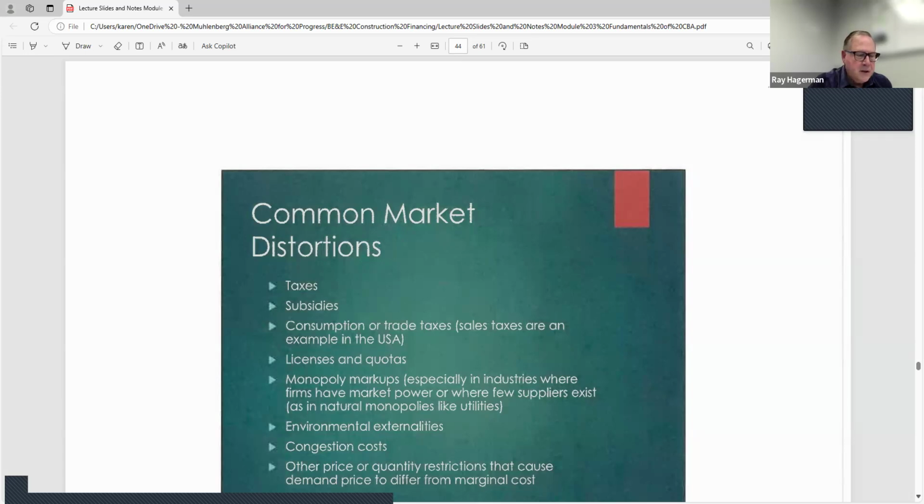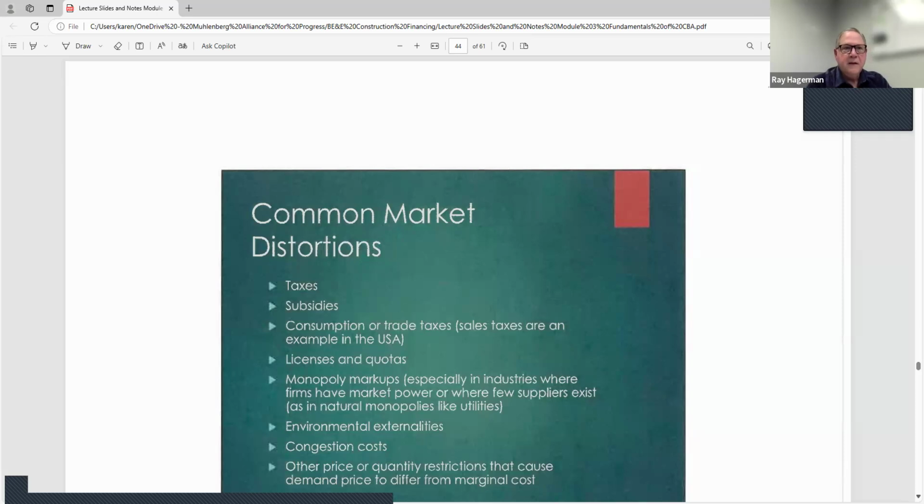Subsidies. Sometimes subsidies are given by government in order to see more things happen that they don't normally see happen. For example, people with electric vehicles have historically gotten subsidies for purchasing an electric vehicle.